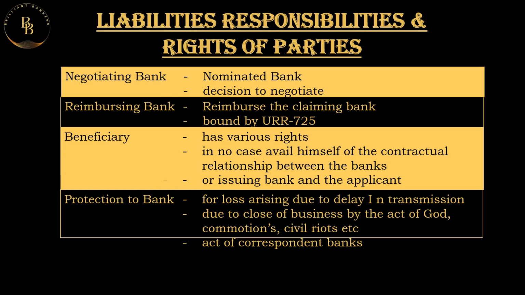The reimbursements and all the parties concerned are bound by the uniform rules for bank to bank reimbursements, that is URR 725. What is it? It's the uniform rules for bank to bank reimbursements. We will be going through this section in the later part of our video. We will be discussing URR 725.